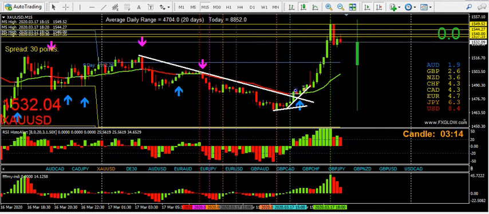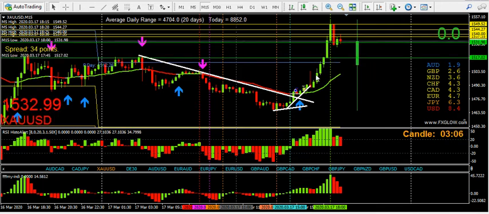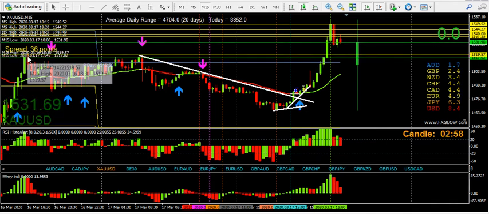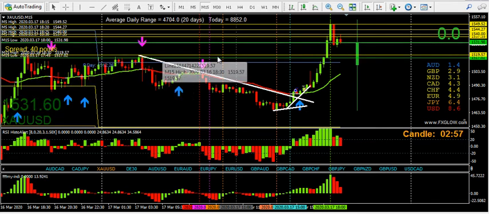So we have support at the bottom of the green candle, support at the bottom of this green candle, and we've got some resistance over here. Looks like the red candle's high is the highest resistance.